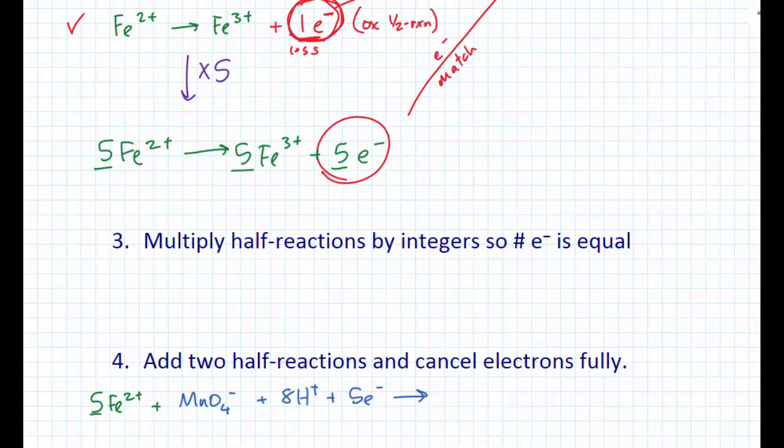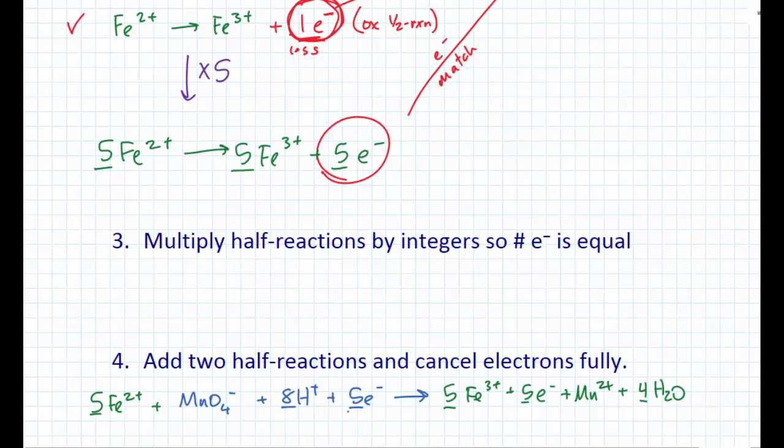Or on the other side, 5 Fe3+, 5 electrons. I've been underlining coefficients. Mn2+, 4 waters.